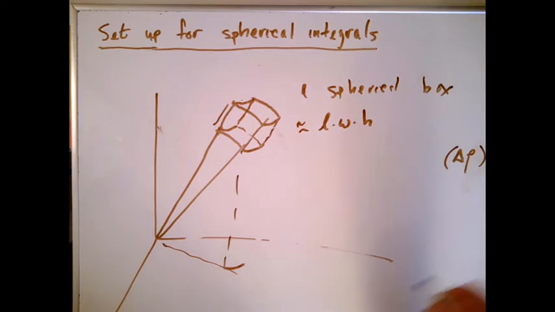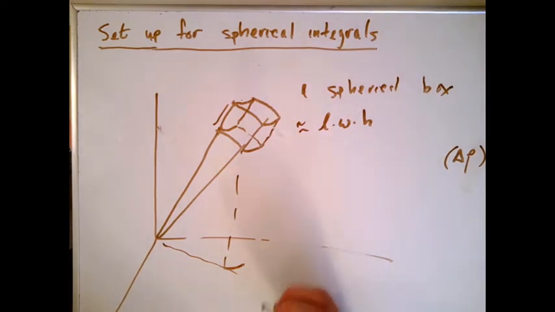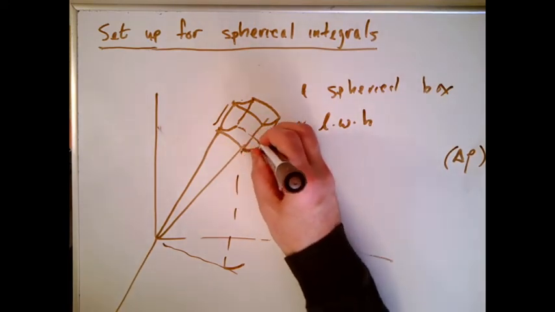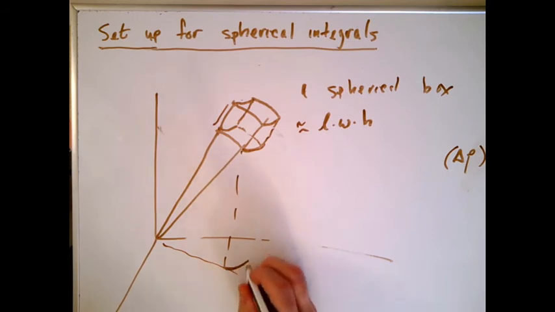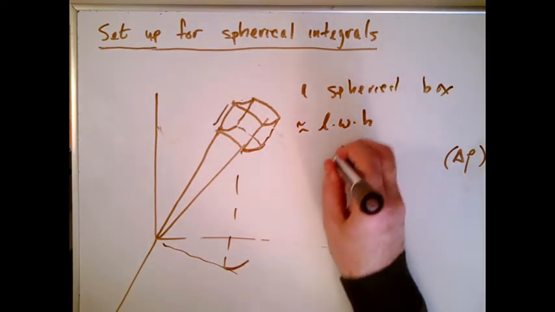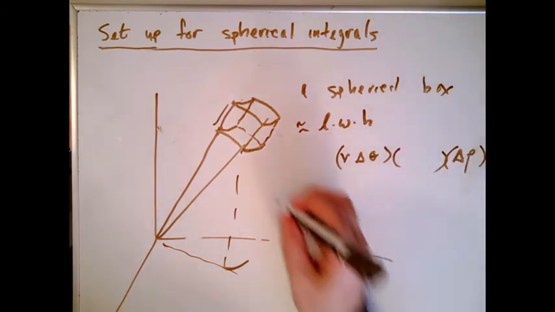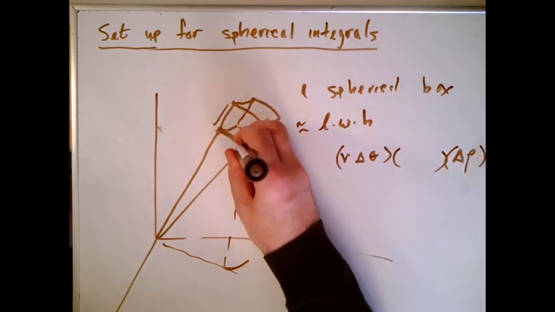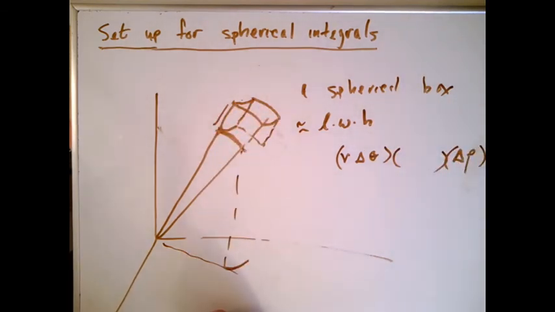See, this distance right here is the same as this distance right here, and we know what that is. That was r delta theta from polar. Now what we want now is this one, and we're going to use the same kind of argument that we did when we did polar.